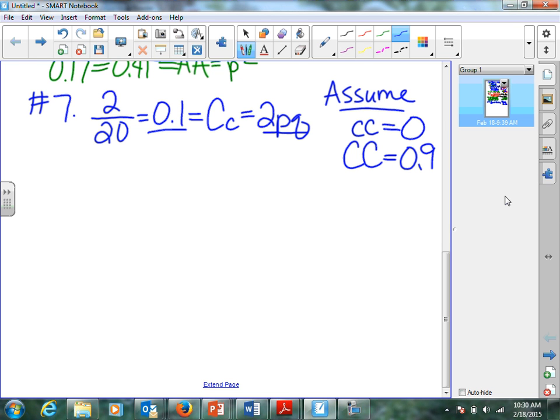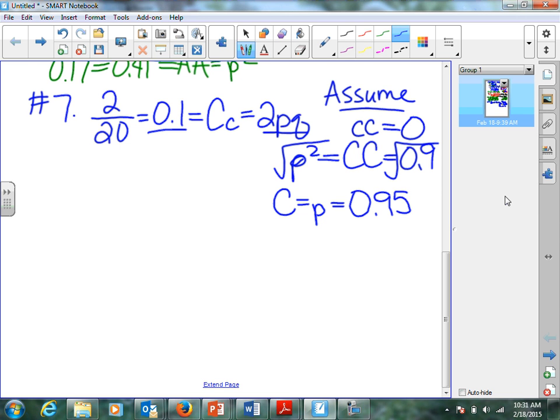So if I'm assuming that big CC is 0.9, I know that's p squared, okay? And if I know that's p squared, then I can take the square root of both sides of this equation to figure out big C, which is p, which would be 0.95.